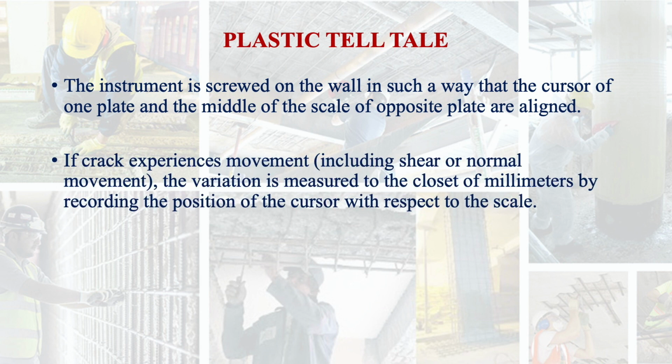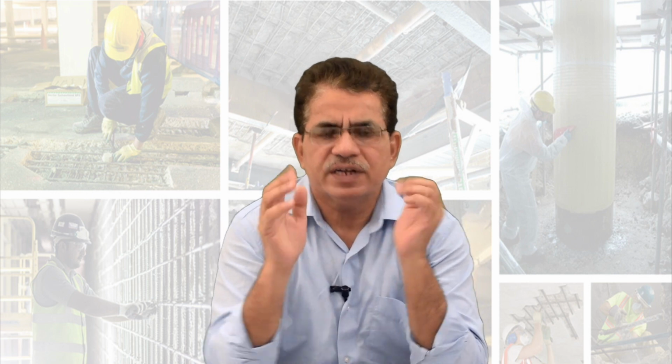If the crack experiences movement, including shear or normal movement, the variation is measured to the closest millimeter by recording the position of the cursor with respect to the scale. So that way you can measure the variation in the width of the crack.